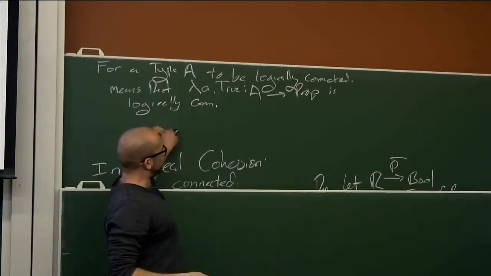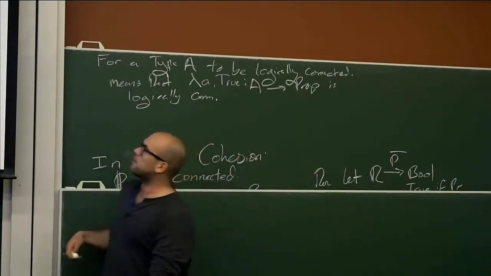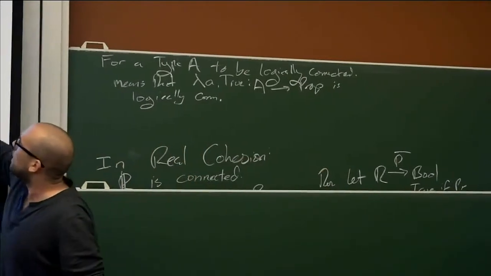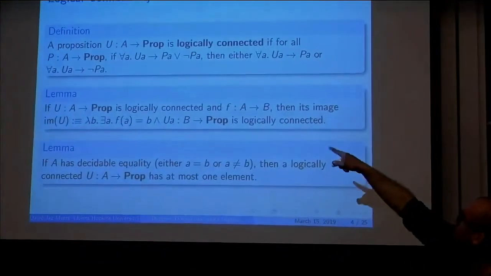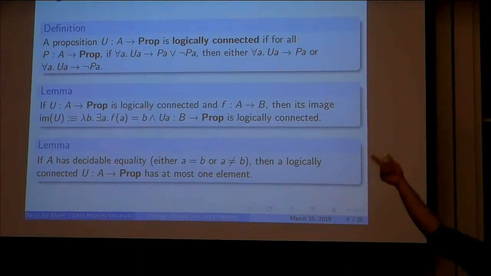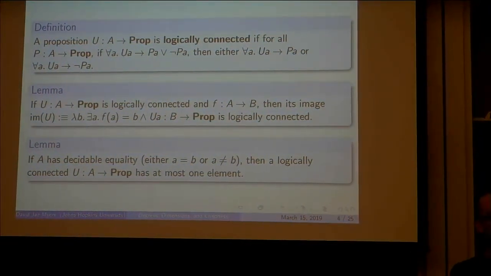So it's the constant function at true. And if you expand what this looks like here, we have that true(A), it's true of anything, implies P(A) or not P(A), right? That's just saying that for all A, P(A) or not P(A).